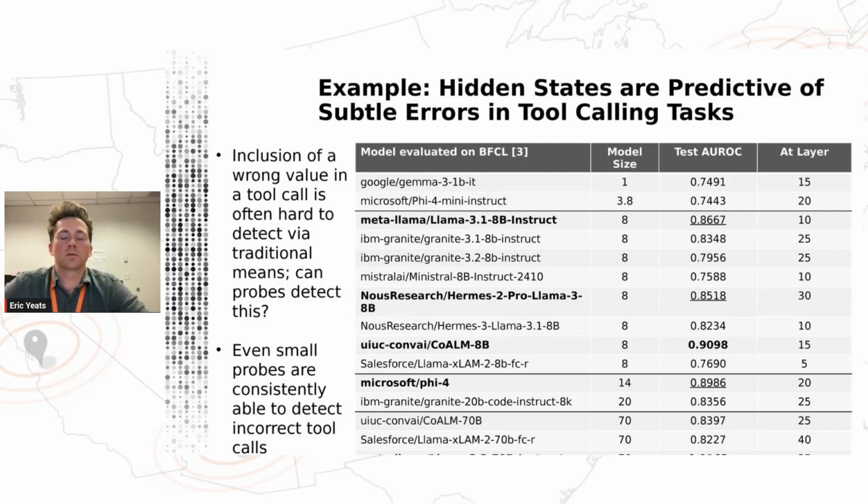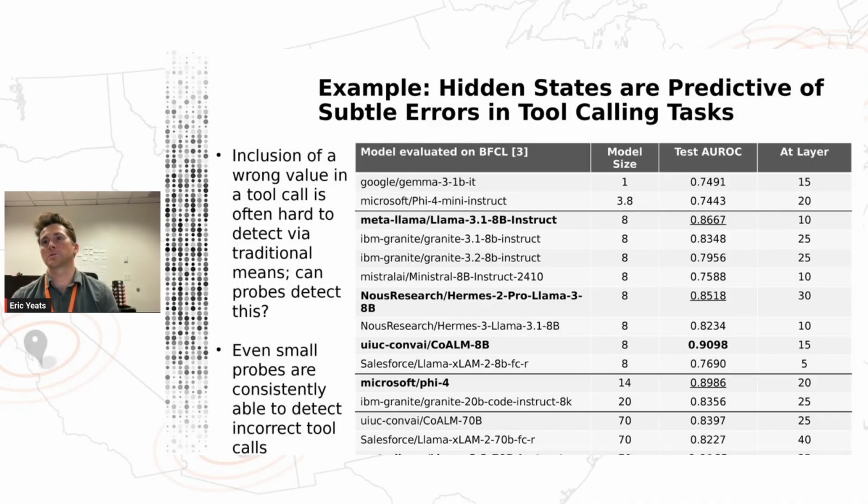That subtle form of error is difficult to detect via traditional means, such as with code or with other models. So we trained a simple linear probe on these hidden representations that we gathered from the model, and trained it to separate correct tool calls versus these subtle incorrect value tool calls. What we find, as measured by the test area under the receiver operating characteristic of detecting these errors, is very high detection scores, up to over 90%.